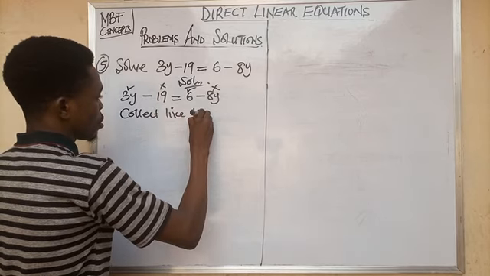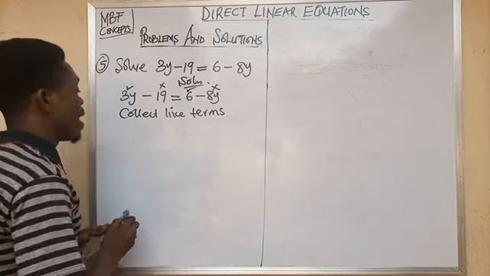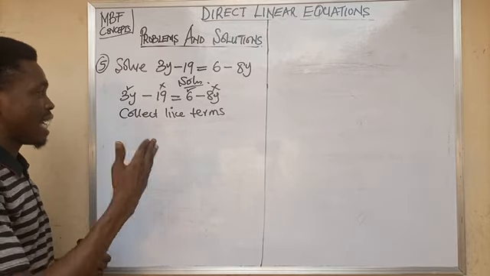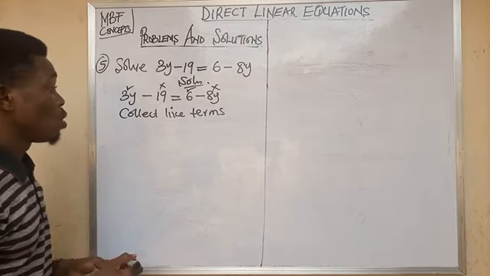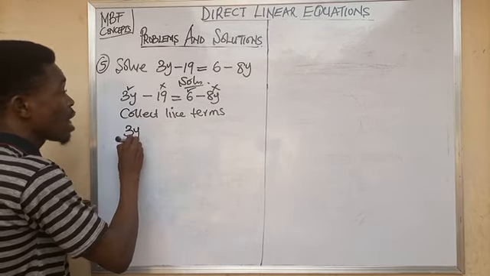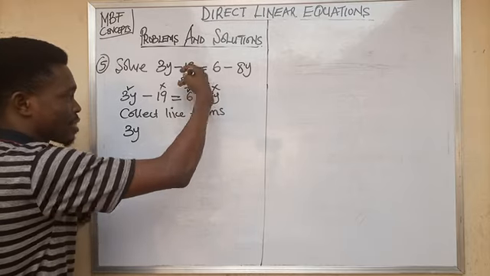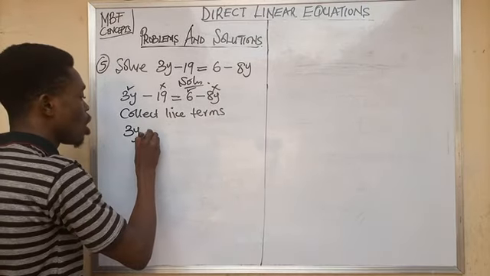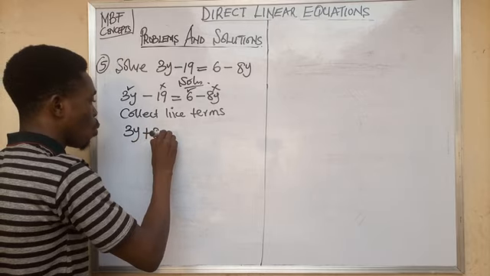Now, as we collect like terms here, we are going to have 3y. As minus 8y crosses the sign of equality, rule number 3 must be obeyed, so it becomes plus 8y. Can you see that?